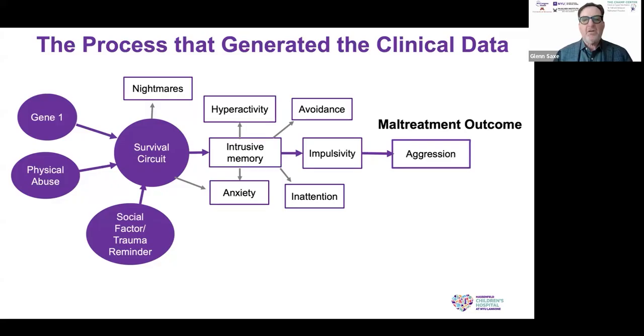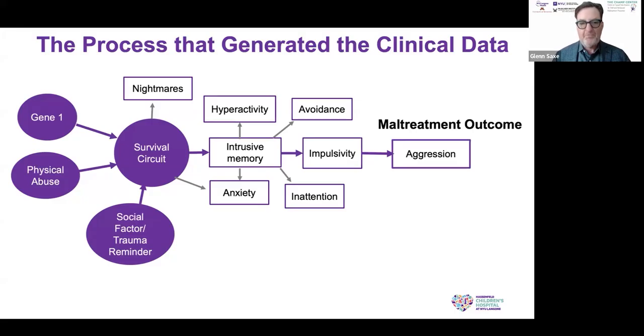Maybe certain kids are vulnerable through genetic predispositions. And then, as was mentioned in one of the comments, well, what about triggers? So a social factor, a traumatic reminder, clinically relevant, that leads to intrusive memories, which spill into impulsivity and then aggression. That's the path.